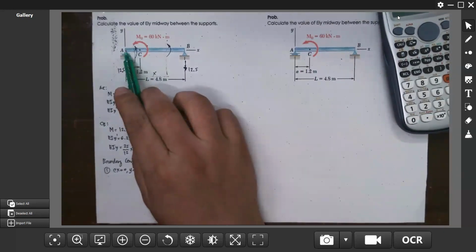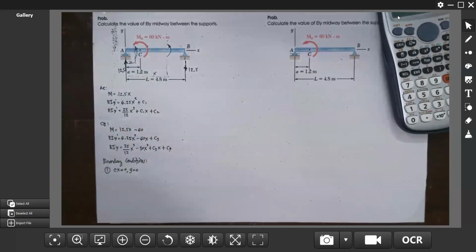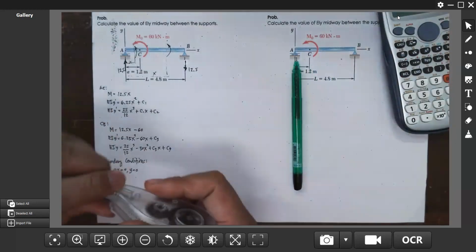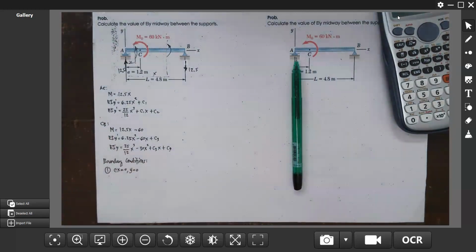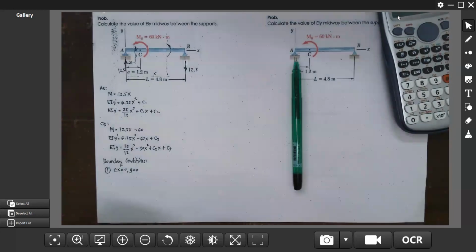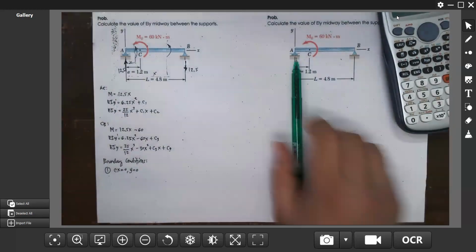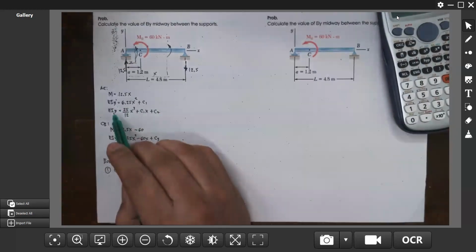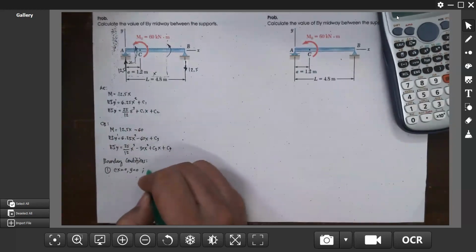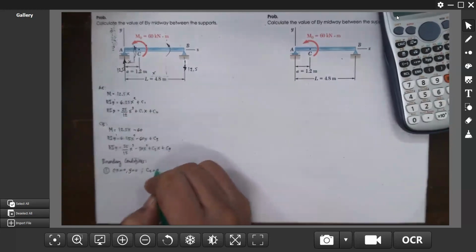Ay, sorry. EIY lang nila. So, 0, 0, 0, C2 equals 0.